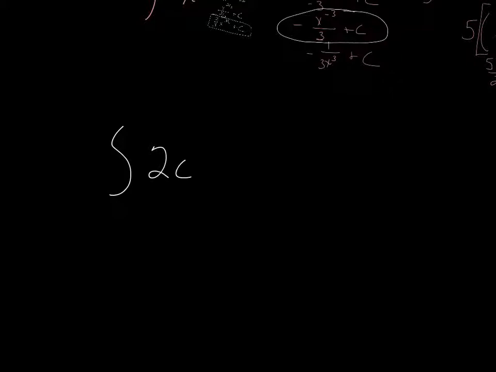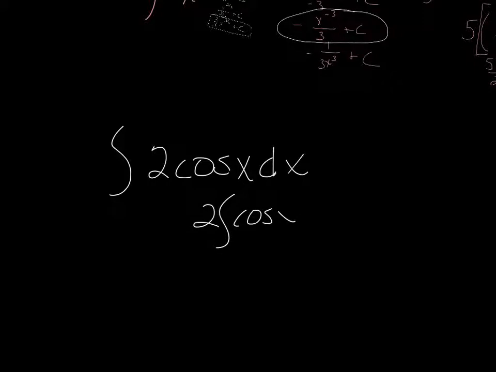All right, let's look at twice the cosine of x dx. If you want, remember you can move that 2 to the front. What's the antiderivative of the cosine? Negative sine x plus c.